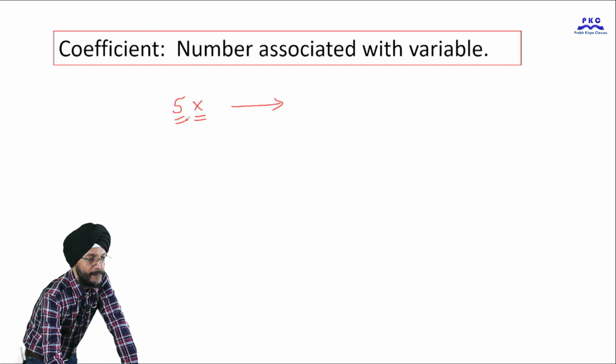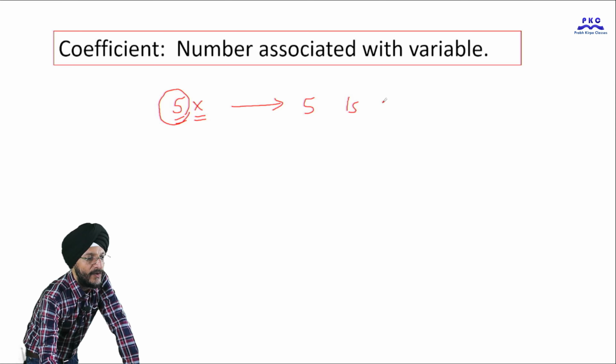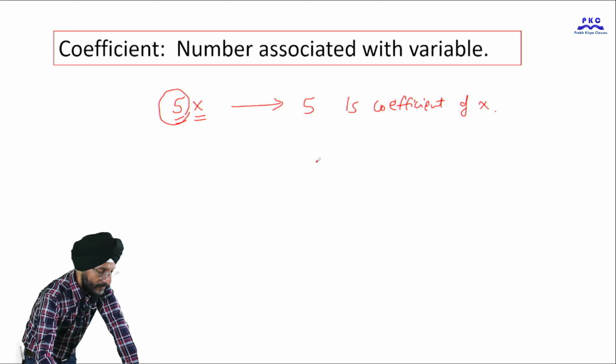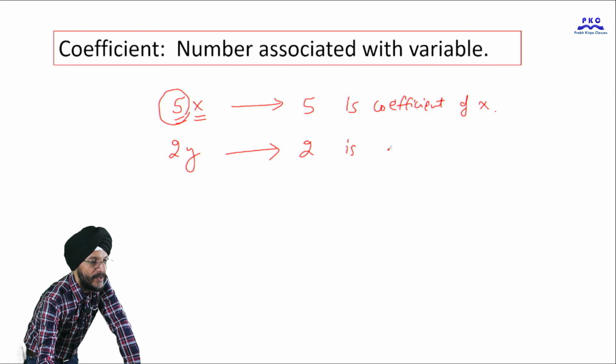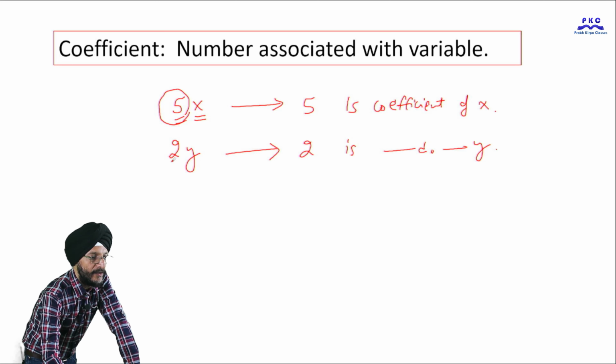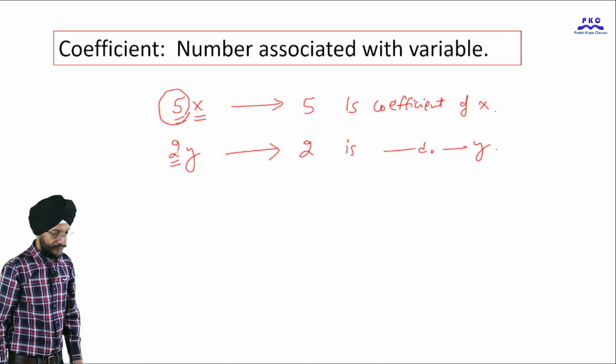So this number which is attached with the variable x, 5, is coefficient of x. So if we write 2y, here 2 is the coefficient of y.